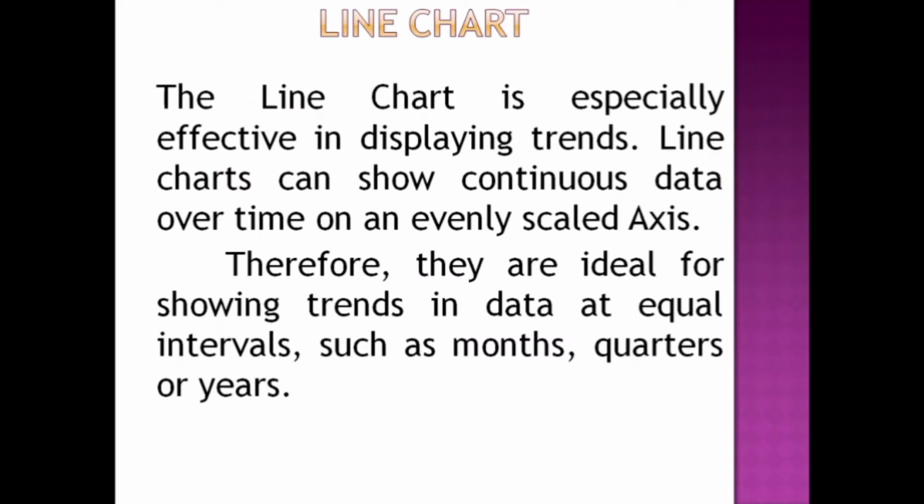The next type of chart is the line chart. The line chart is especially effective in displaying trends, means it can show the data over a particular period of time. A line chart shows continuous data over time on an evenly scaled axis. Therefore, they are ideal for showing trends in data at equal intervals such as months, quarters or years.